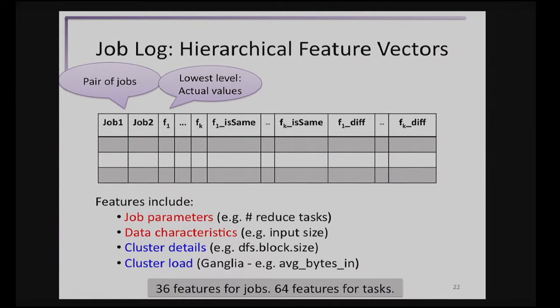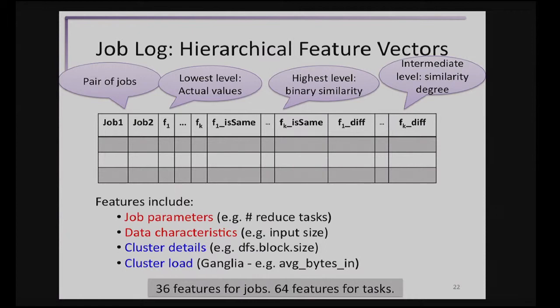So we ended up building a hierarchy of features, where at the top, we just say for each feature, we just indicate whether the two jobs had the same value or a different value. So if I don't care about anything more than the fact that it was different, that's what our explanations should say. At the bottom level, we have the actual values, if the values themselves are important.